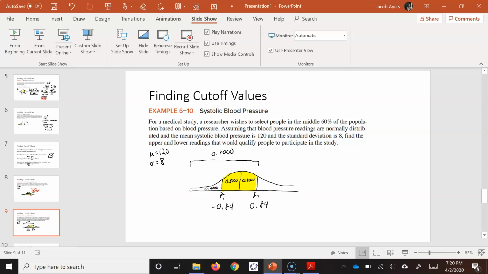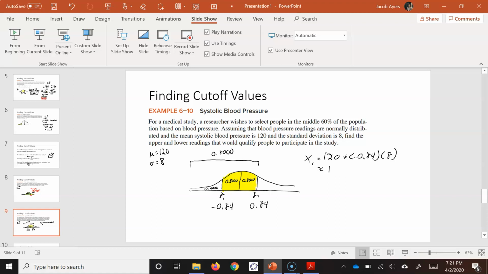So based on that, x sub 1 will equal 120 plus negative 0.84 times 8, which is negative 0.84 times 8 plus 120.